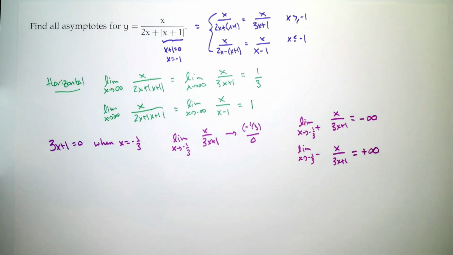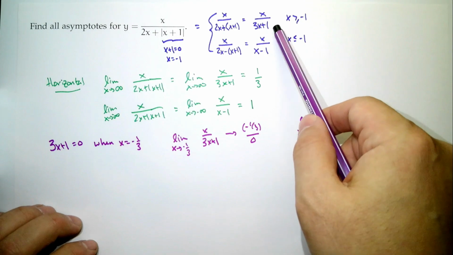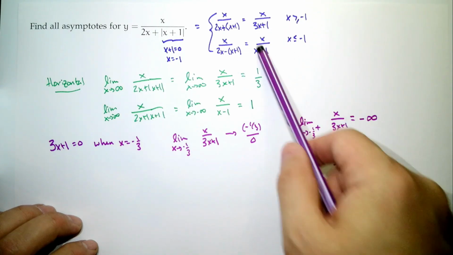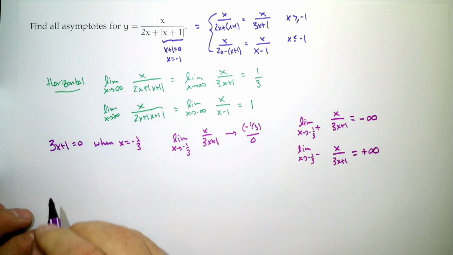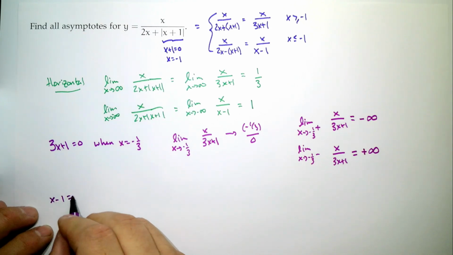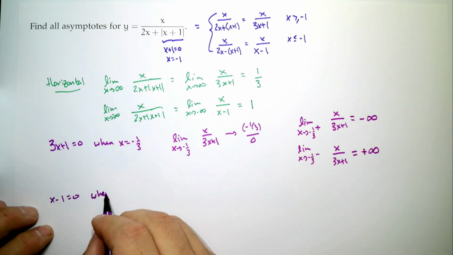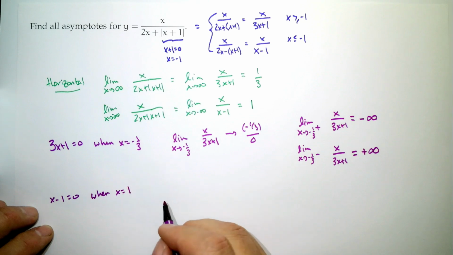One other case that could happen. So that's from here. What about here? X over x minus 1. When could that be a problem? When x equals 1, since x minus 1 equals 0 when x equals 1.